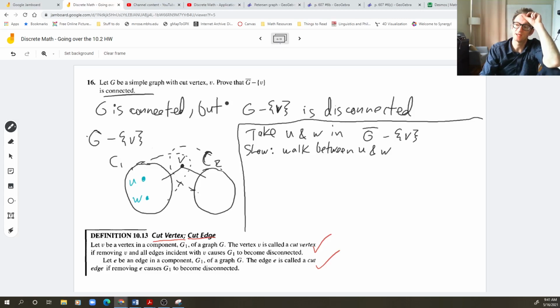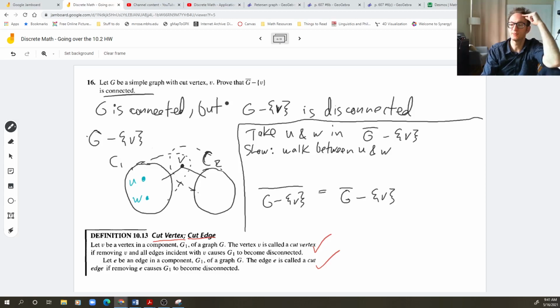the complement of G minus V is, in fact, G complement minus V. Is that even just true? Hold on a second.